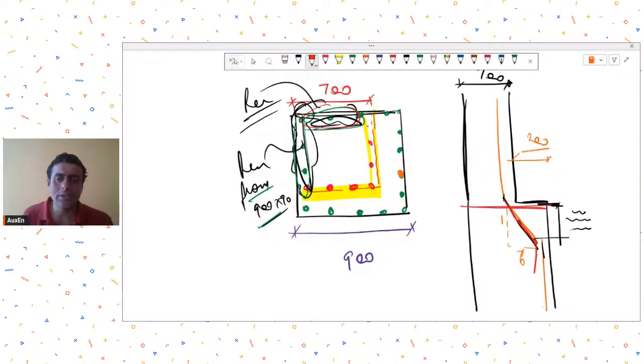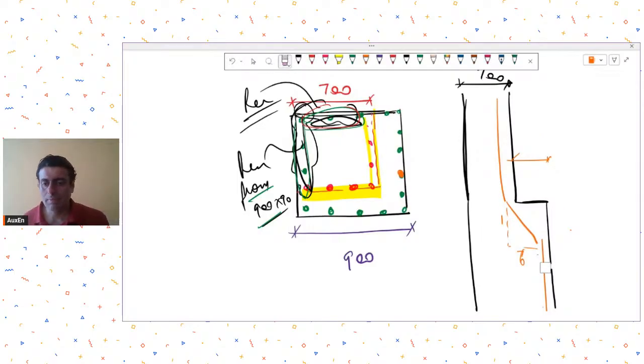Now, in such a case, what you may be required to do is that you just curtail this bar. That means you curtail this bar like this. So this bar, let's say we are talking about this bar, green bar, you curtail by giving sufficient development length.